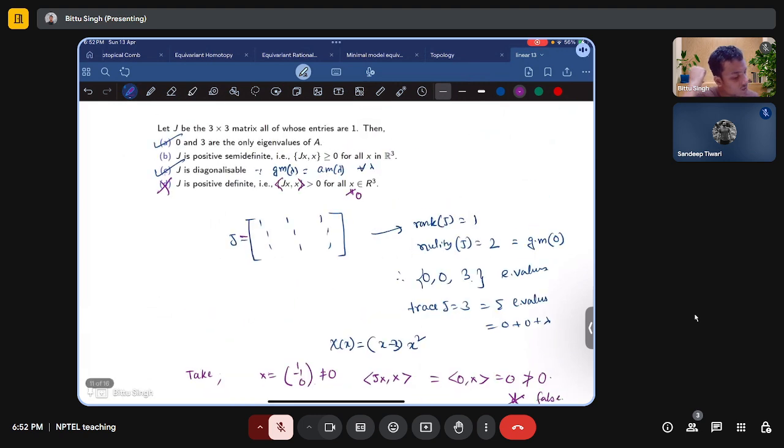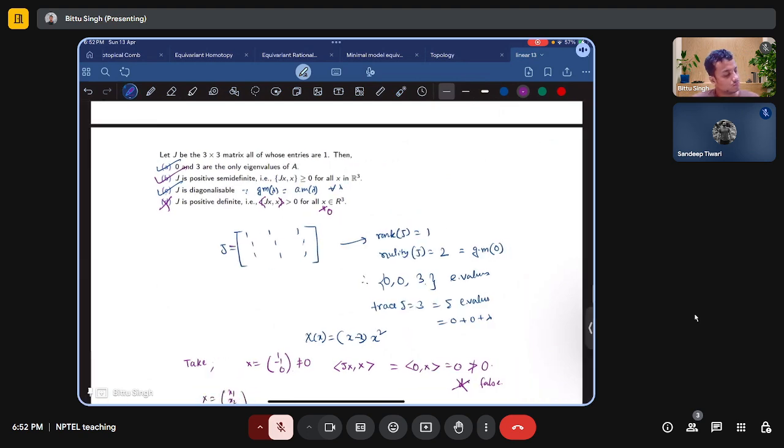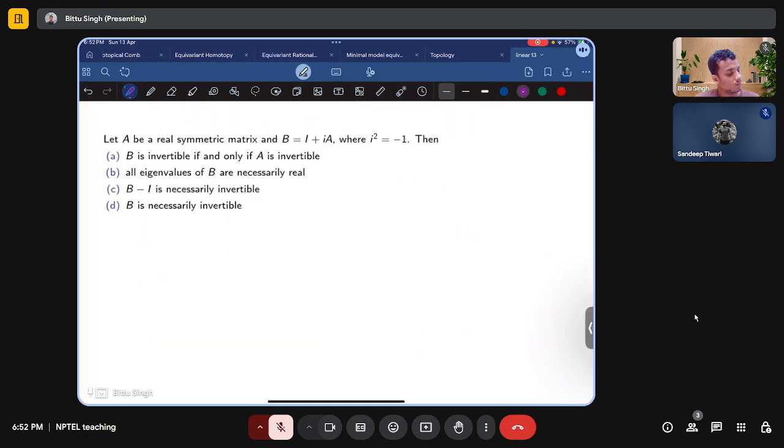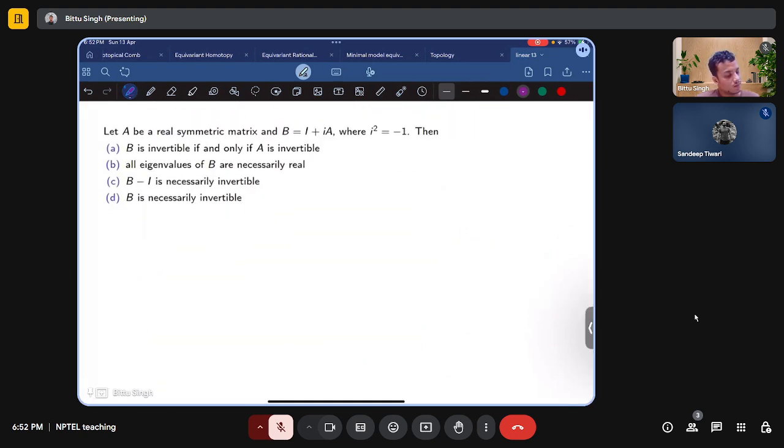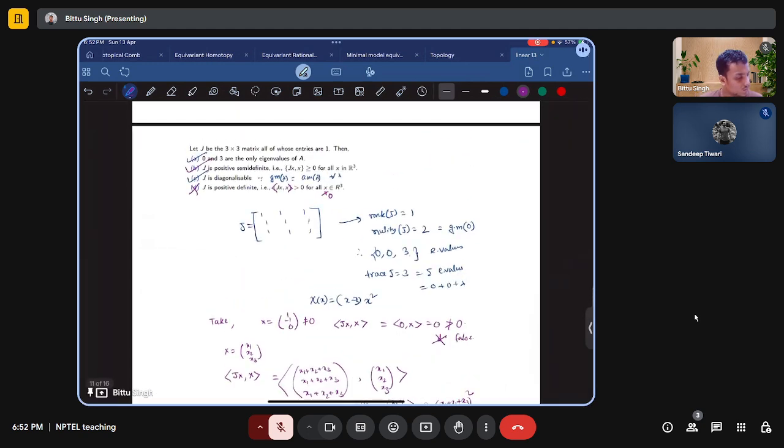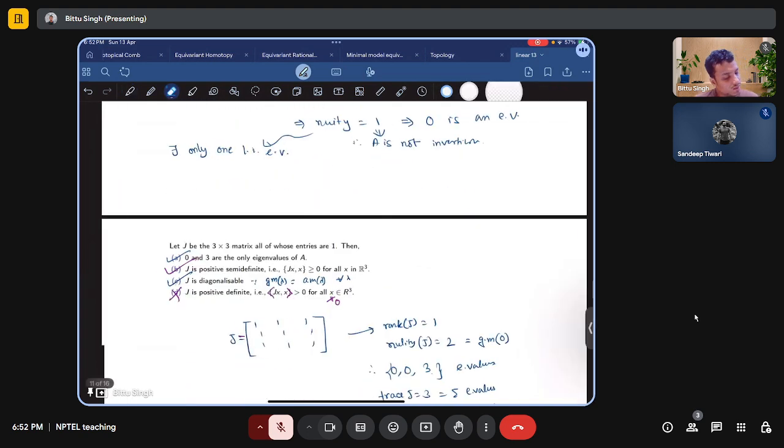We are considering everything over the reals, x is real. So this is clear. This is true. Okay, so that is 10.